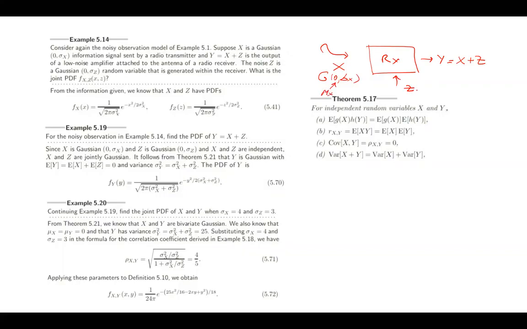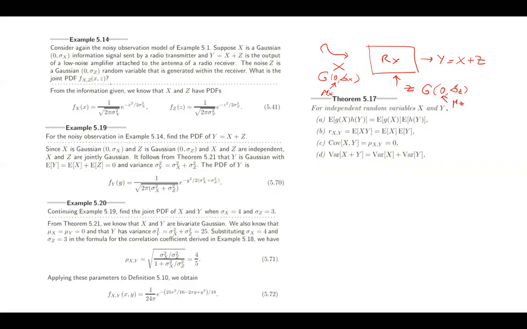And Z is again Gaussian, with 0 mean and sigma Z standard deviation. This is mu Z.